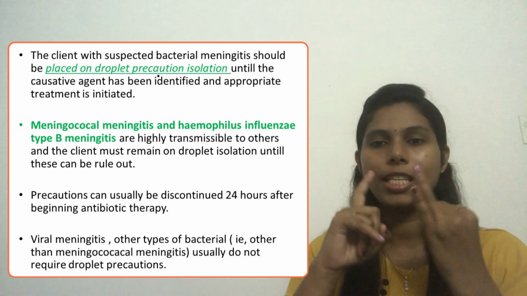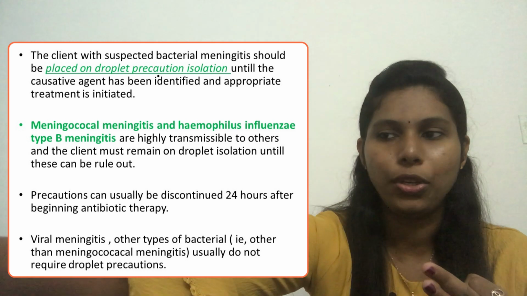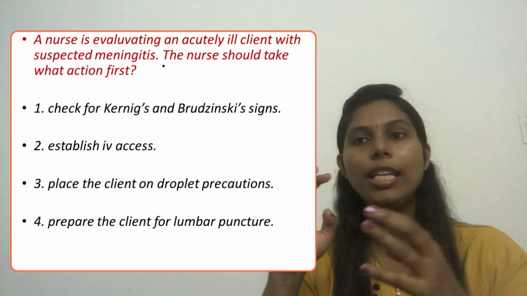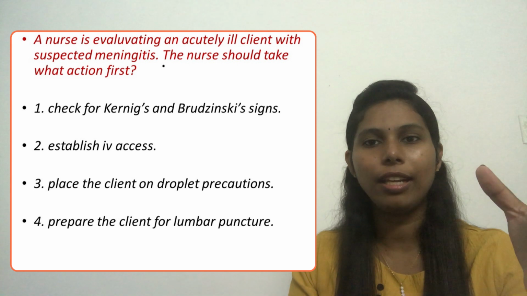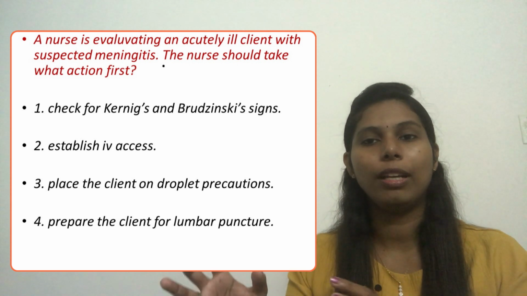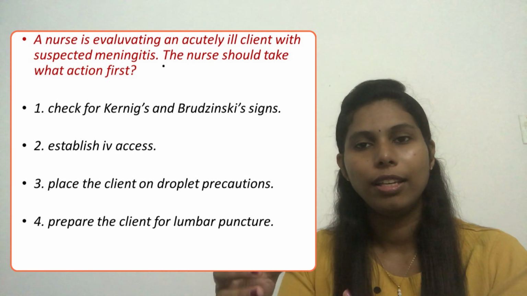Then we will do the CSF analysis. Then we will go with another option you can see in this question, that is establishing IV access. So these steps have to be done, but the first thing is to prevent further transmission.